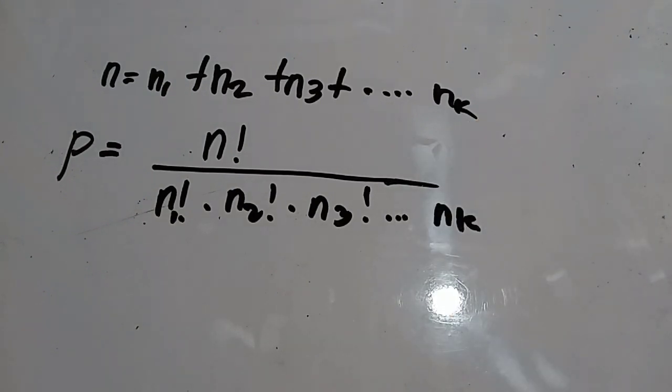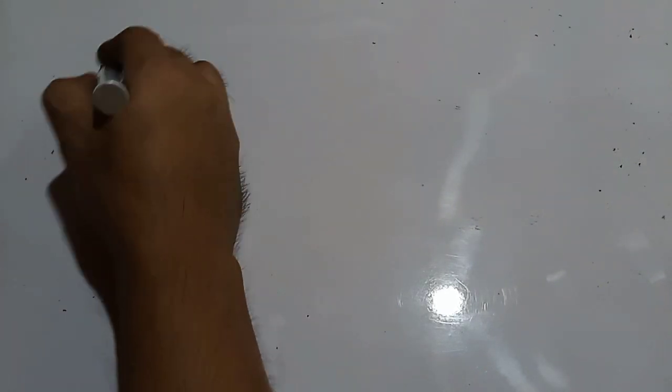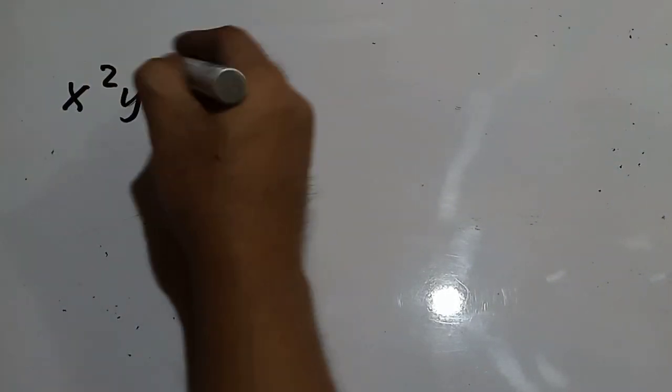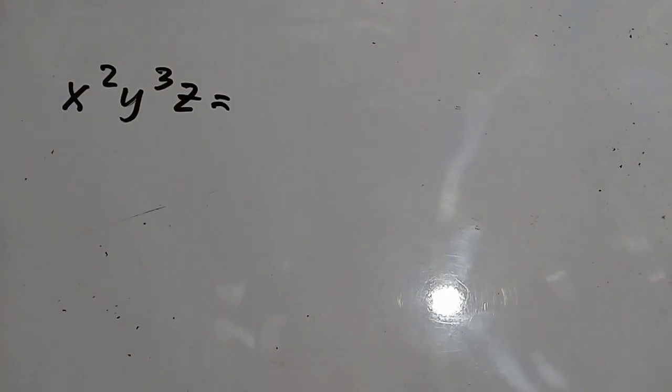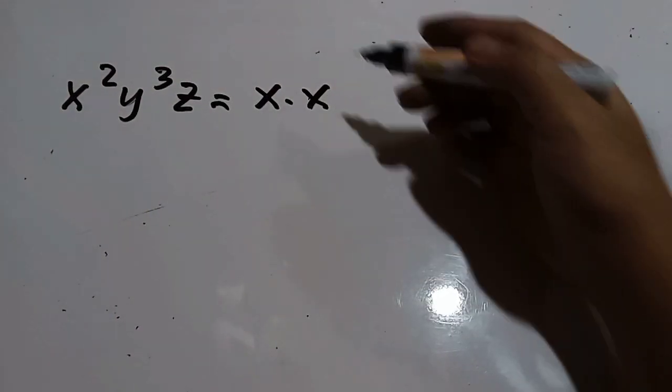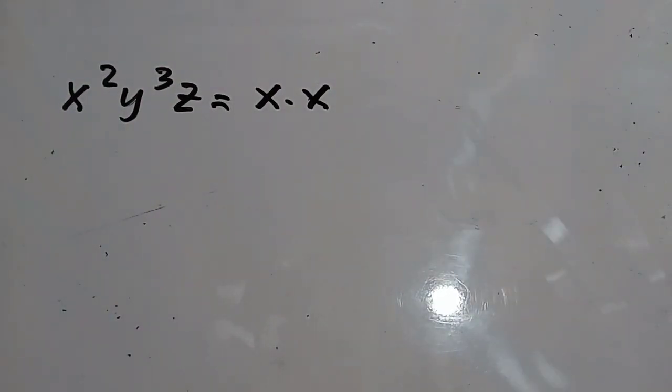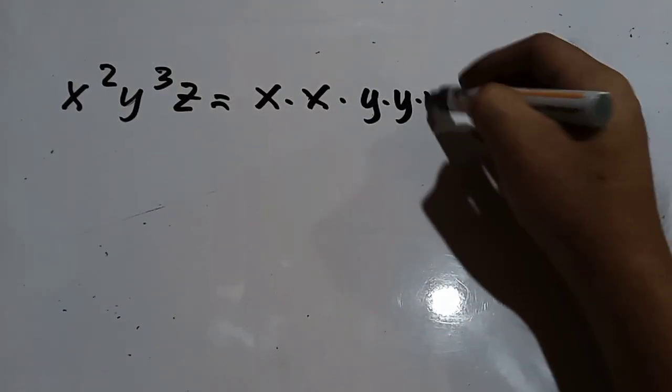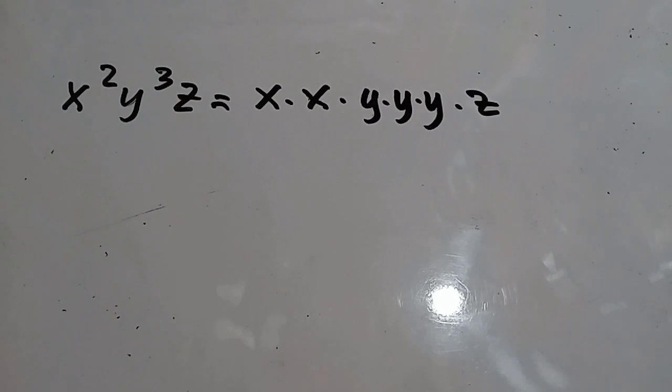Let me give an example so you can better understand how to solve property number 3. Let's do it. We have x squared y cubed z. Since x has a squared, we write 2 for x. For y we write 3, and then z.